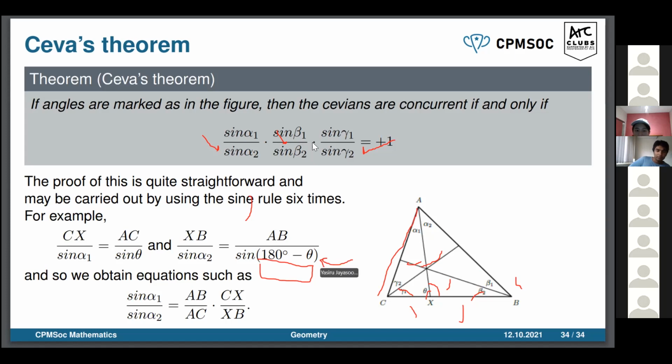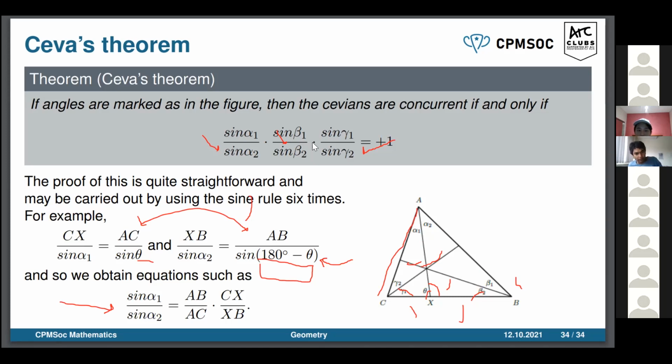But sine of 180 degrees minus theta and sine theta are the same, so you can actually divide these two, and you end up getting sine alpha 1 over sine alpha 2 is AB over AC times CX over XB.